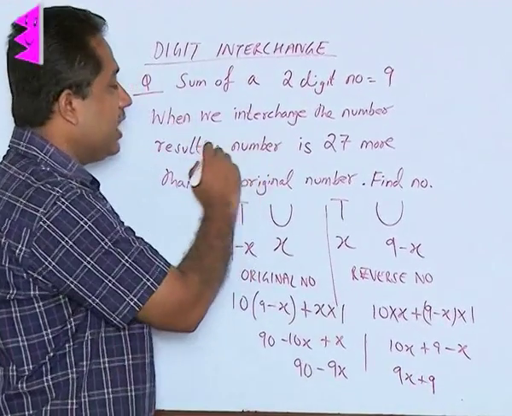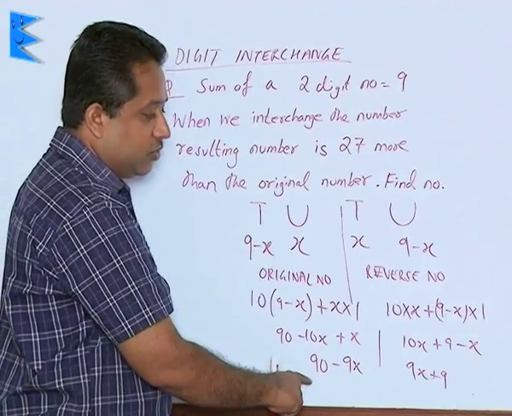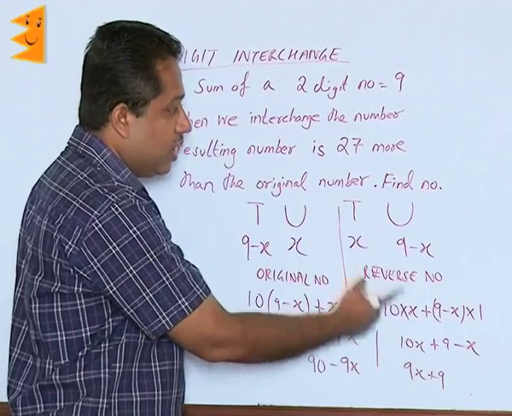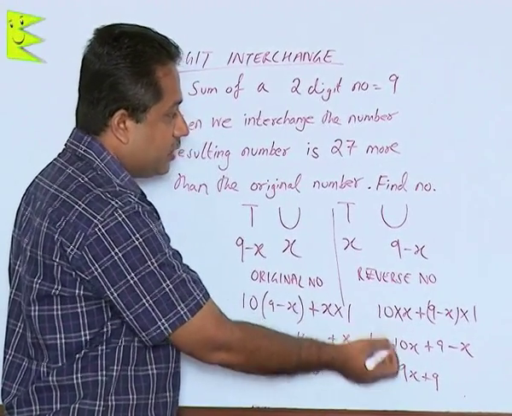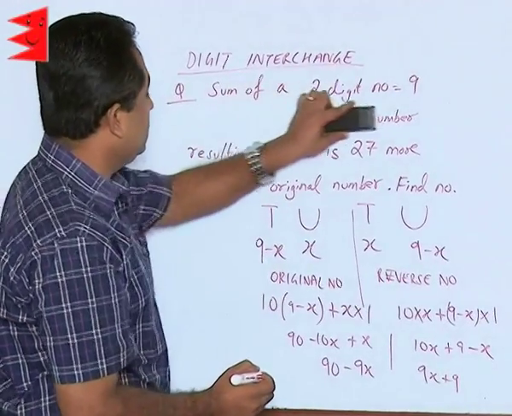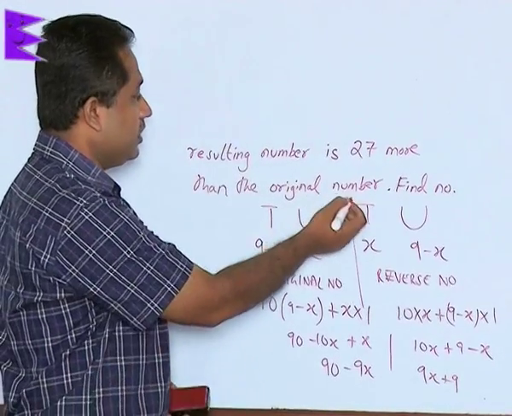Now, look at the question again. The resulting number is 27 more than this. So, I can say that this number is 27 less than this. So, how do we make an equation out of the original number and reverse number? Reading this out, we can say that when we interchange the number, the resulting number is 27 more than the original number.